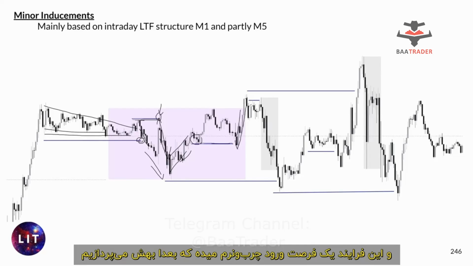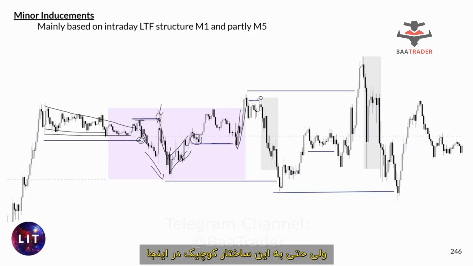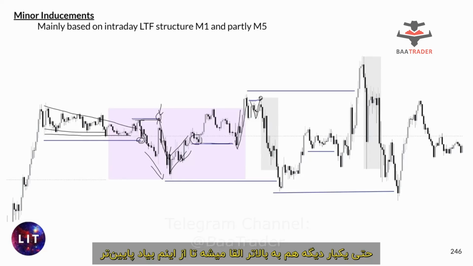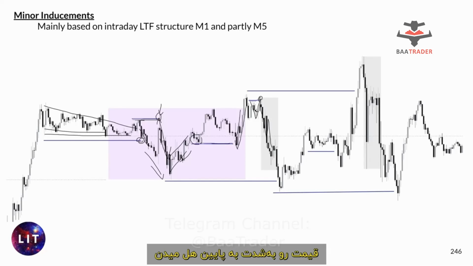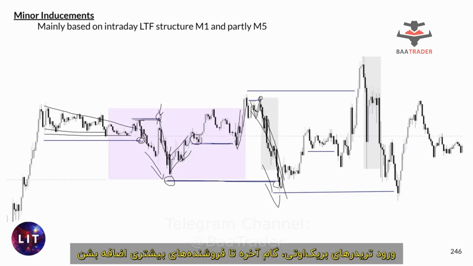And in the process, that would be a very juicy entry opportunity for us later. But even this little structure gets a pullback, induced higher even once more to move even lower, pushing price way lower, inducing this structure, grabbing the liquidity short side, inducing all the people short, building up this channel selling. Of course, now breakout traders, that's the final and last step for adding so many more sellers.